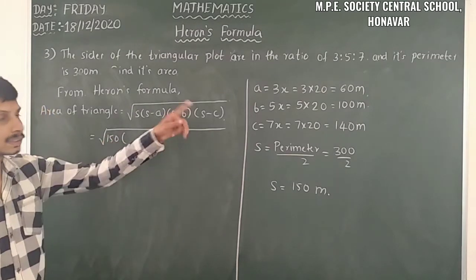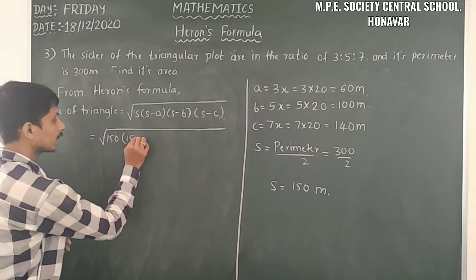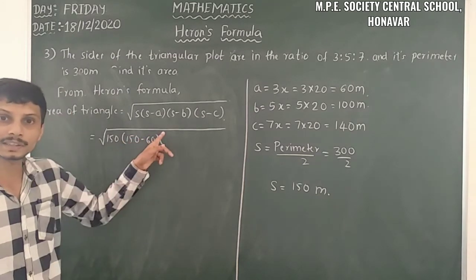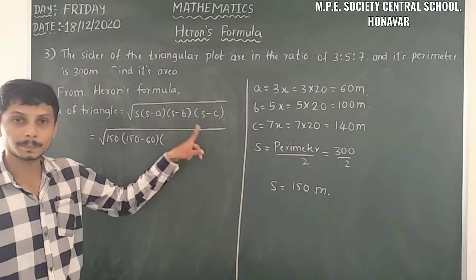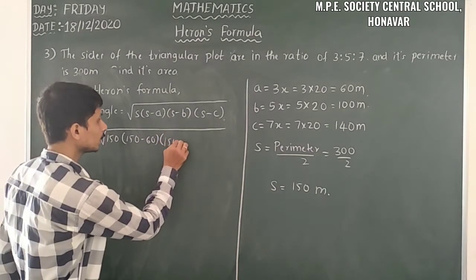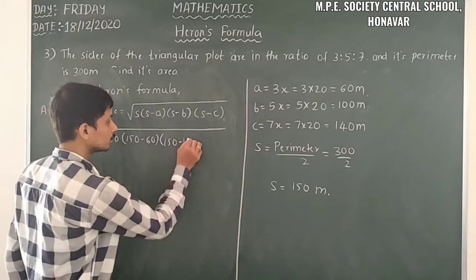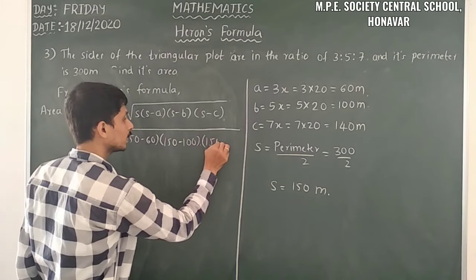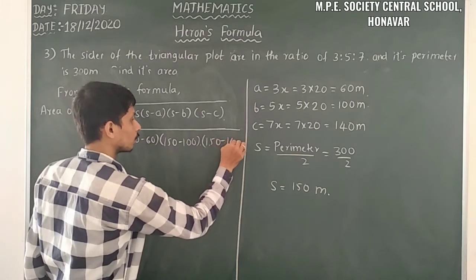Here the value of A is 60, so 150 minus 60. We have to write the respective values in respective places, that is S, A, B, C. So 150 minus the value of B, which is 100, and 150 minus the value of C, which is 140.